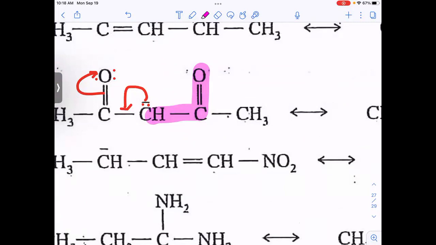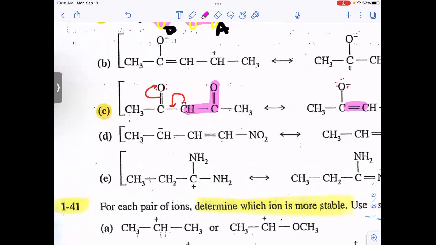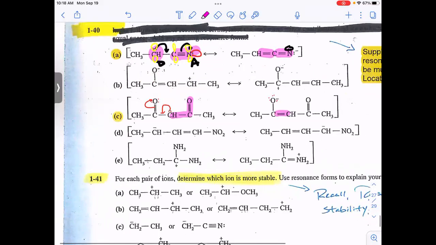Some book authors feel like at this level, you should already have mastered Lewis structures, and so that's why they don't put them in. But I always put them in. But if the carbon has a negative charge, it has a lone pair on it. Thank you. Great question.